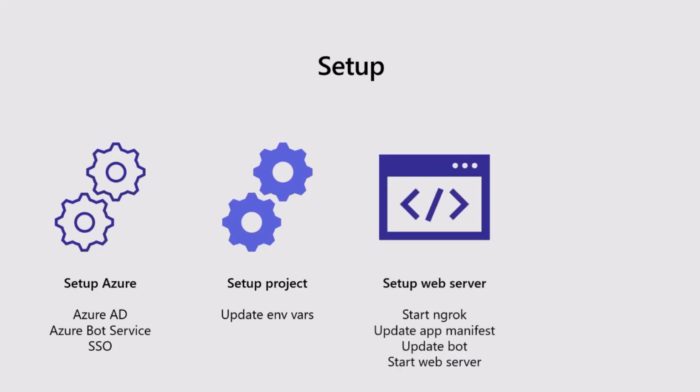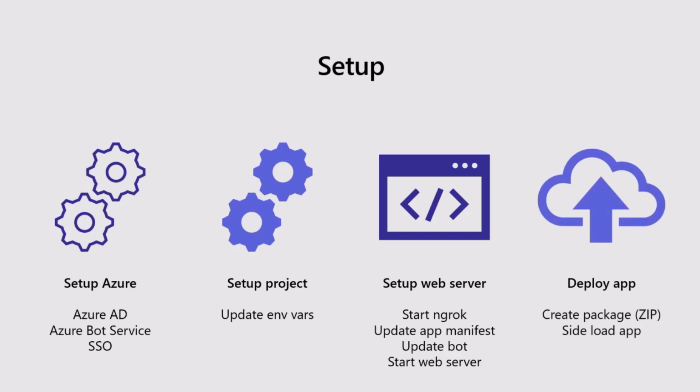Then I had to make sure that my web server was started. I had to start ngrok. I had to update my manifest, and update my bot with my messaging endpoint that might have changed from ngrok, and actually get the web server running. And then to deploy the app, I had to create an app package. I had to zip up the files, and then manually sideload that app into Teams as well. A lot of manual effort.